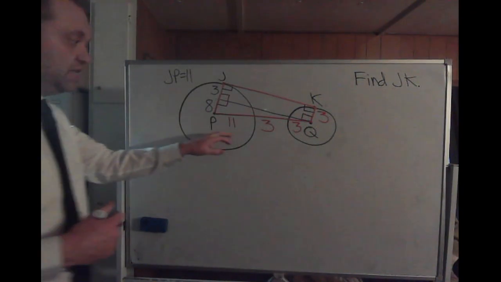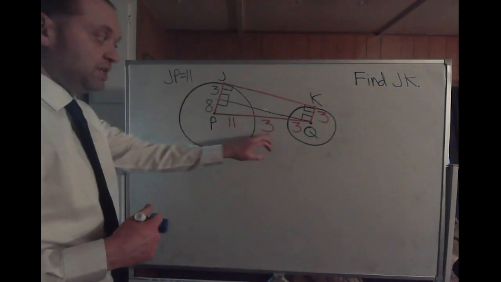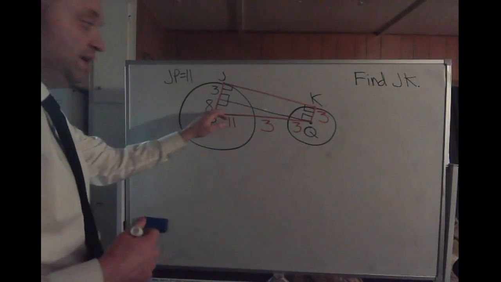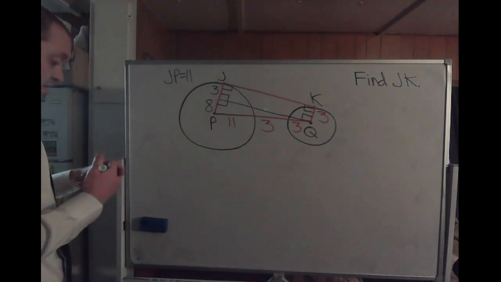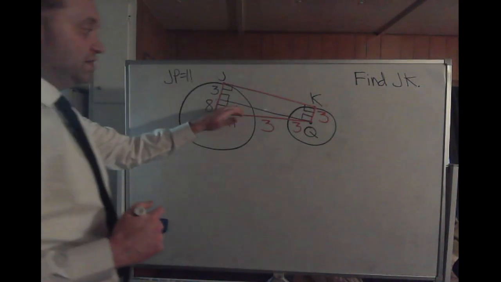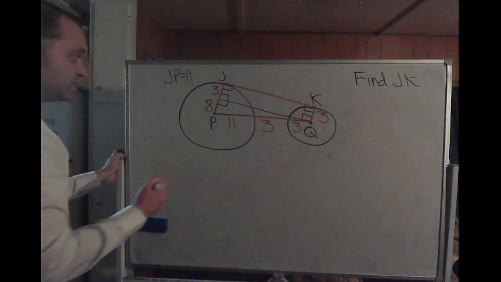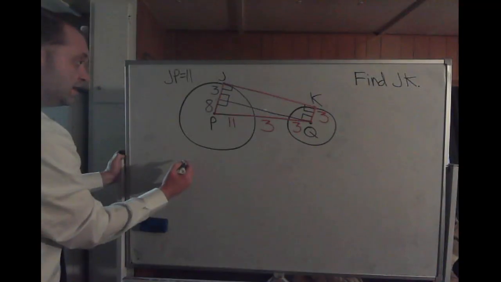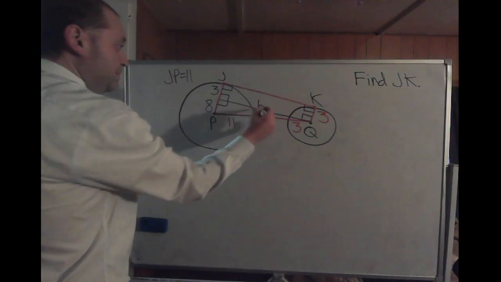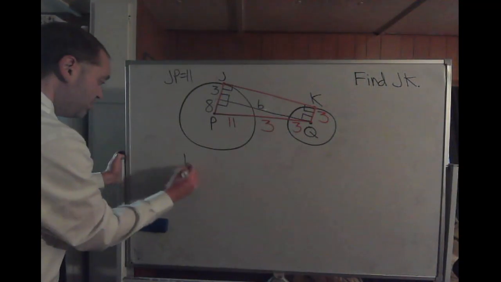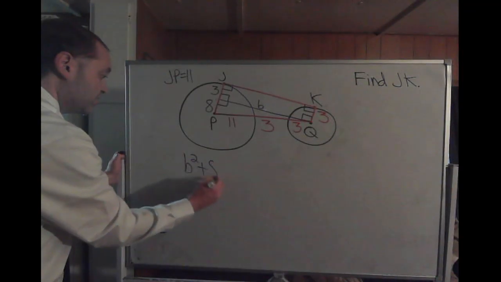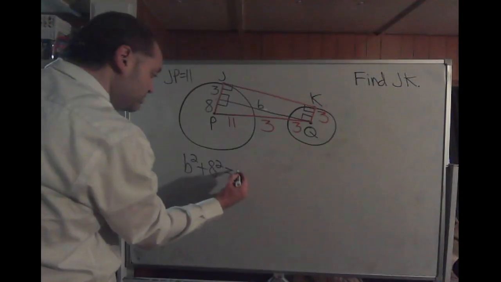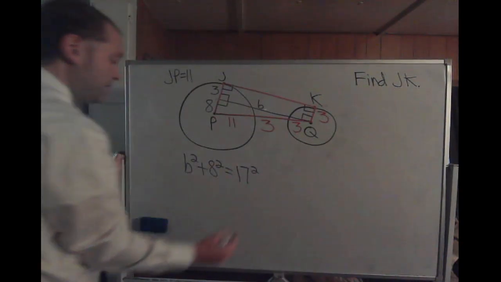So the length of PQ, the hypotenuse, is what? 11 plus 3 is what? 14 plus 3 is 17. Then we have a leg with a length 8. We want to find the length of this leg here. So we'll go ahead, we'll call this leg length B. We'll take our B squared plus our 8 squared for the length of that leg, set it equal to the hypotenuse squared, which would be 17 squared.